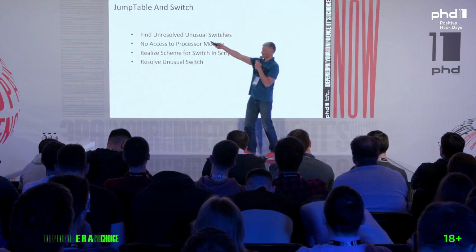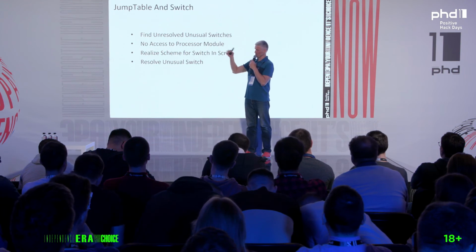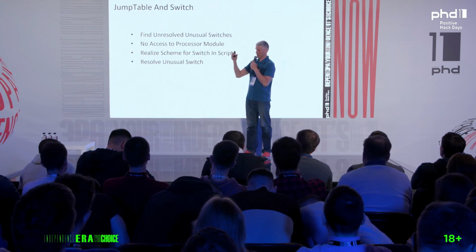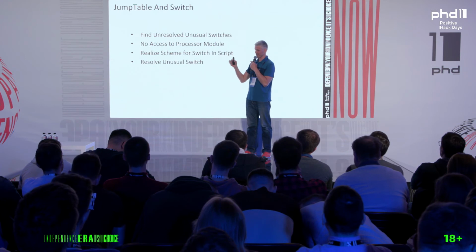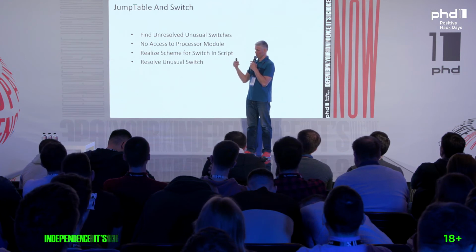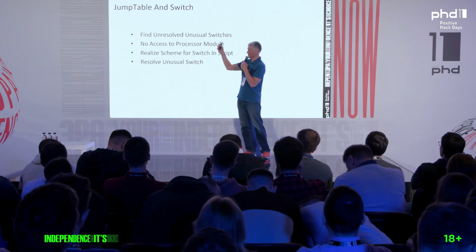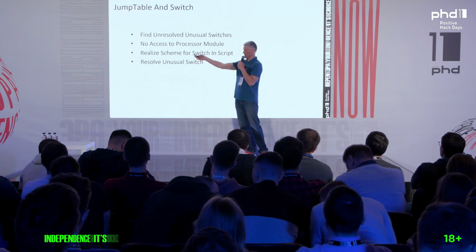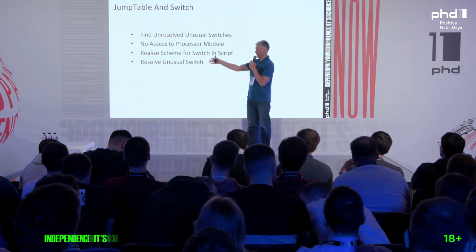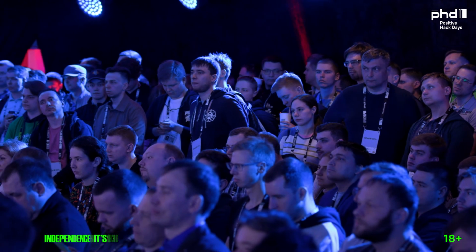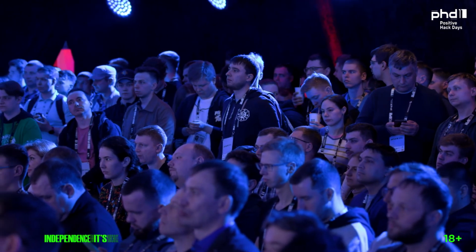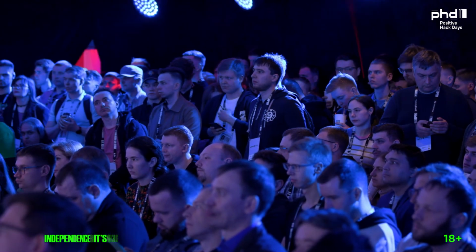But we can build a superstructure, so to speak. I mean, we will first look at the switch that has not been properly analyzed by IDA. Then we'll look for its variants and options. And then we'll be able to mark them up using the script.